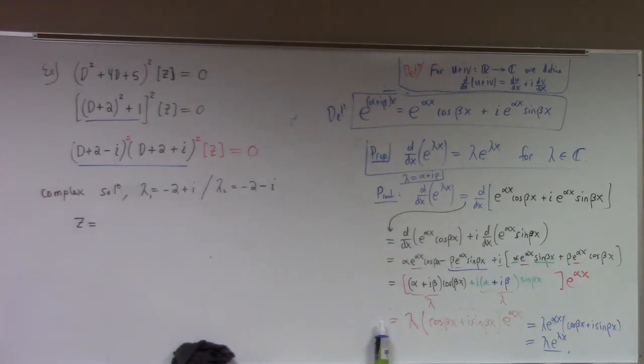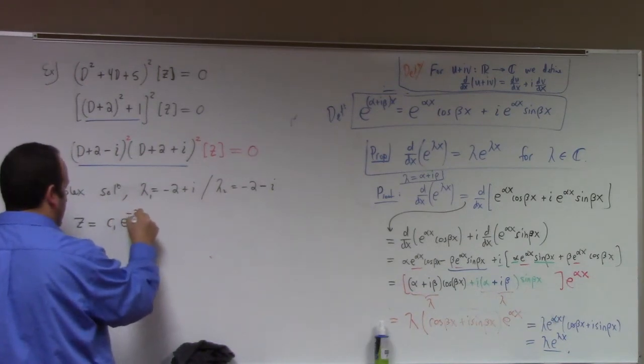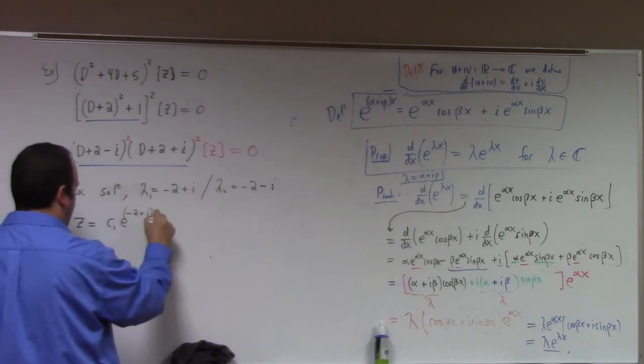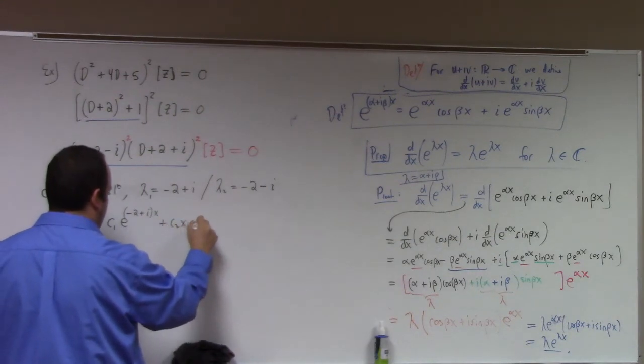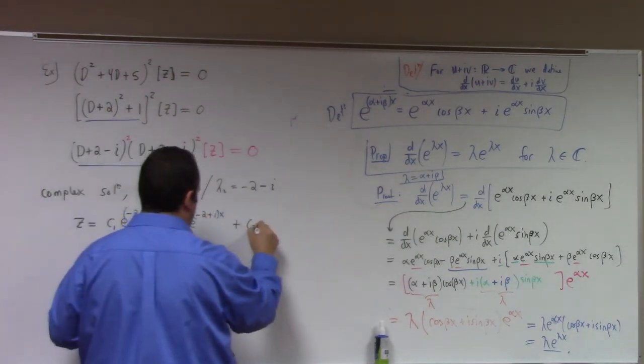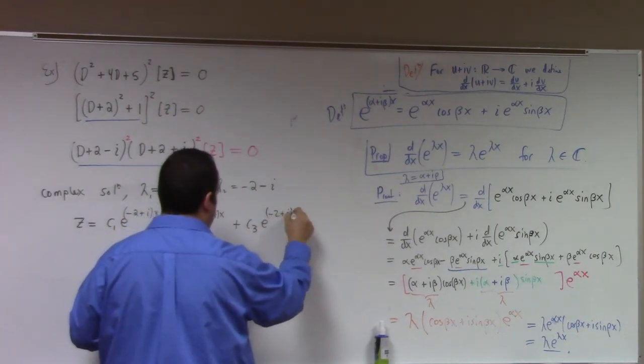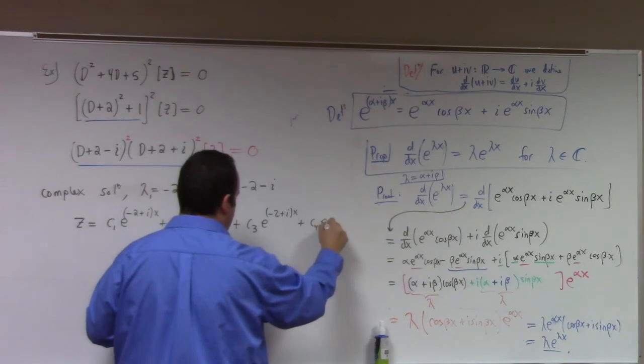And they're both repeated. So the solution set would look like, C1 e to the (-2 plus I)x plus C2 x e to the (-2 plus I)x, C3 e to the (-2 minus I)x, plus C4 x e to the (-2 minus I)x.